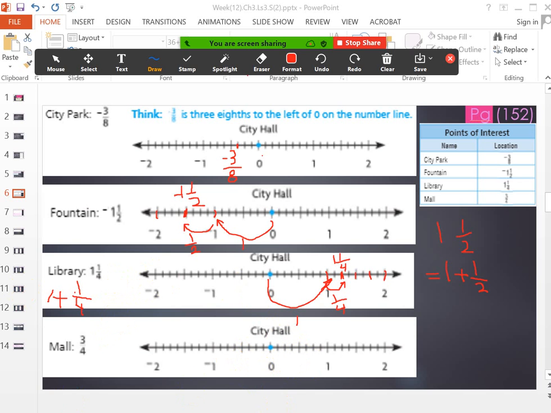I have to divide the distance between 0 and 1 into 4 equal parts according to the denominator. So 1, 2, 3 and 4. I have 3 over 4, so I have to move from 0 three parts. 1, 2, 3. This is 3 over 4.